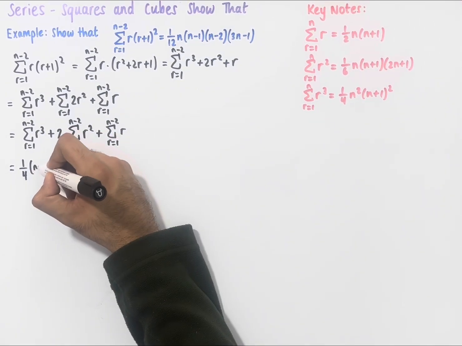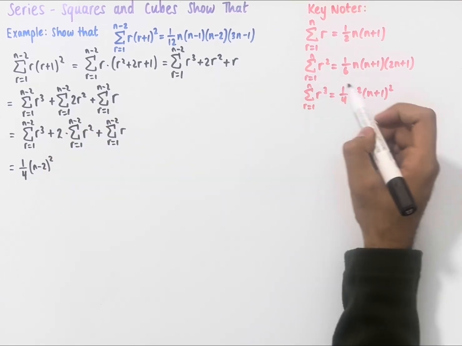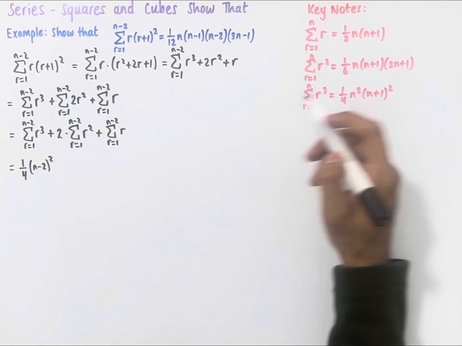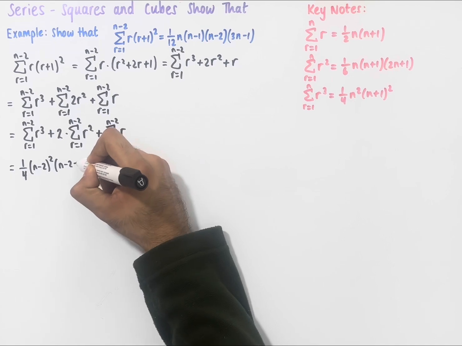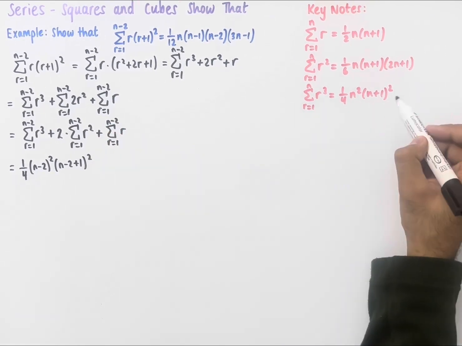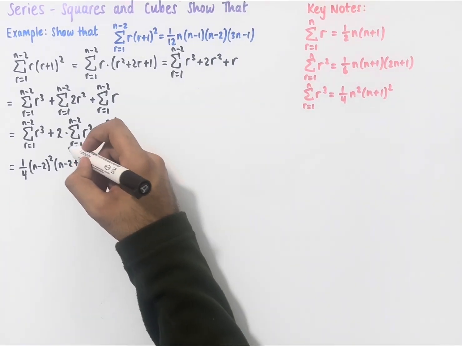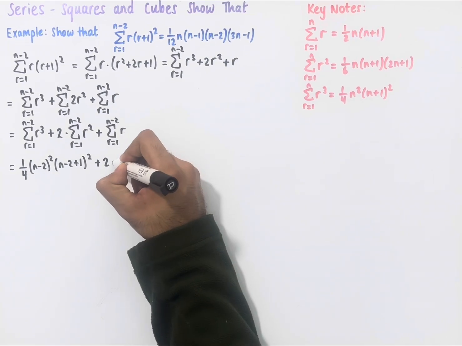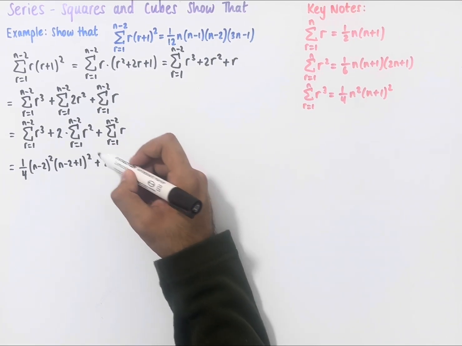So we end up with n minus 2 all squared instead of n squared here, and then (n minus 2 plus 1) all squared instead of (n plus 1) all squared. Now for the second series, we have plus 2 times, and we use the formula for r squared.